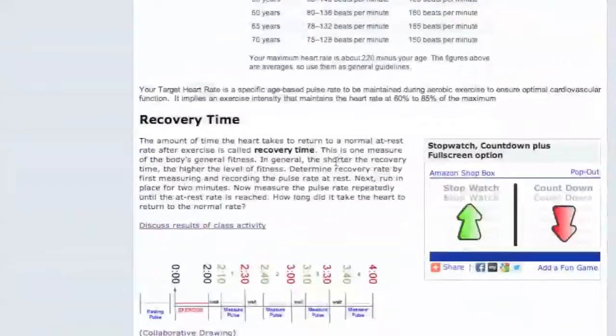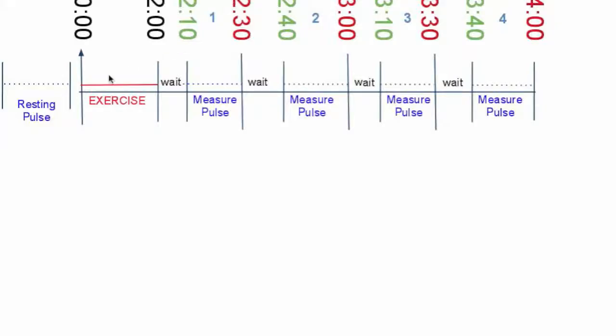So they're asked to look at their heart rate at various different times. You can see right here that they measure their resting pulse, and then they exercise for a couple minutes. They wait 10 seconds, and then over a 20-second period, they measure their pulse again, and then wait again, and so forth.